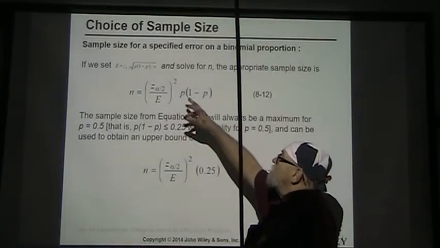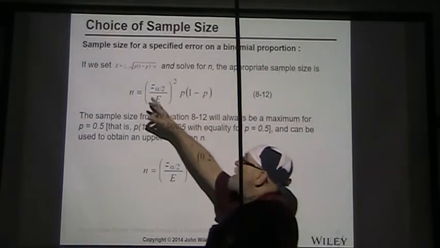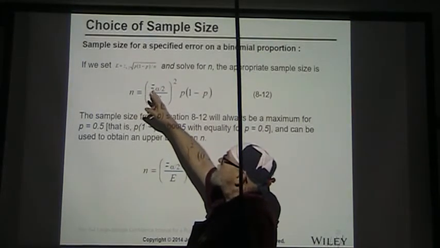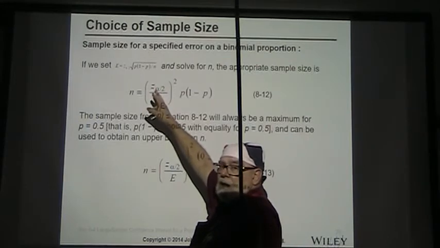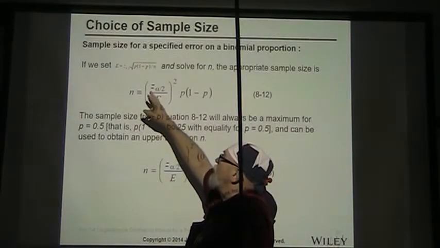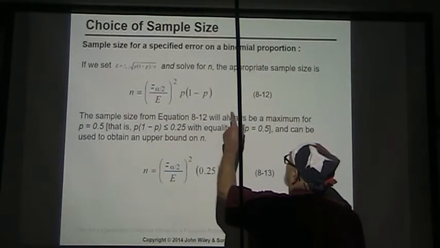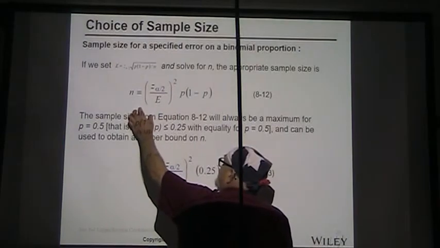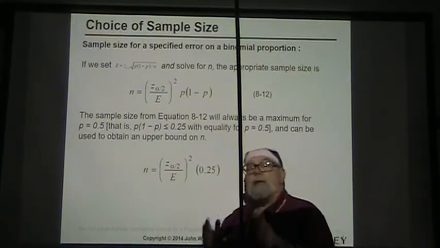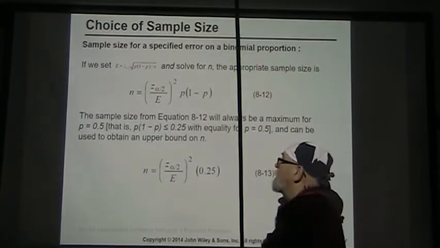So, sample size for specified error. If we set E equal to Z alpha divided by 2 times our standard deviation, the square root quantity of P times the quantity 1 minus P divided by N, and we solve for N, we get an equation that looks very much like the sample size equation that we use for a regular standard normal distribution problem, right?